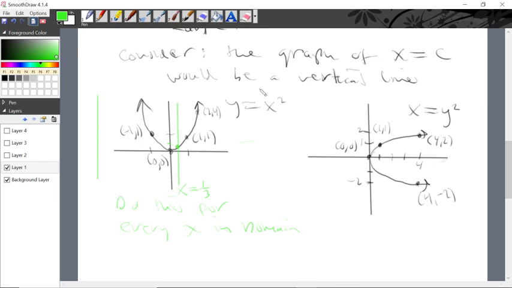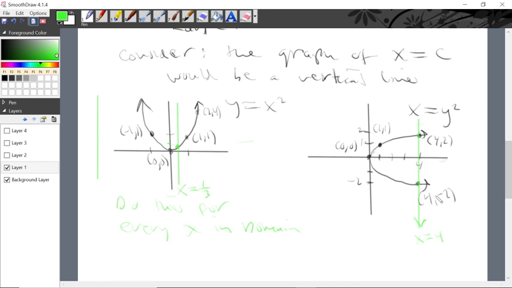So if we were to draw a vertical line representing the choice where x is equal to 4, that vertical line would intersect the relation in more than one location.